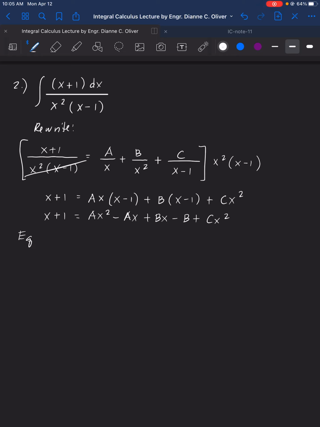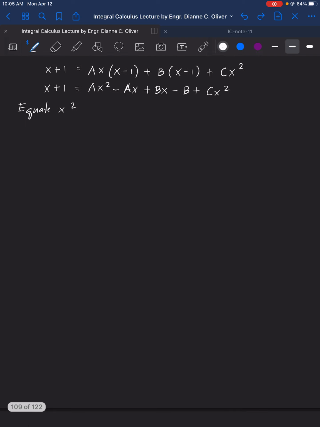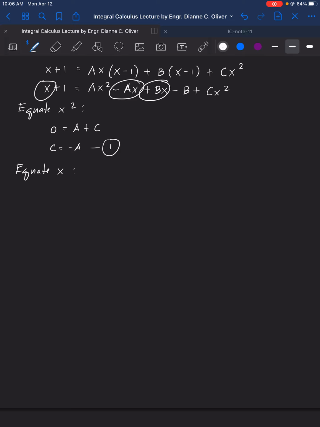Then let's equate x squared. So we have here a and c. So we have there 0 equals a plus c. So c is equal to negative a. Equation number 1. Then equate x. So we have here negative a x plus b x.